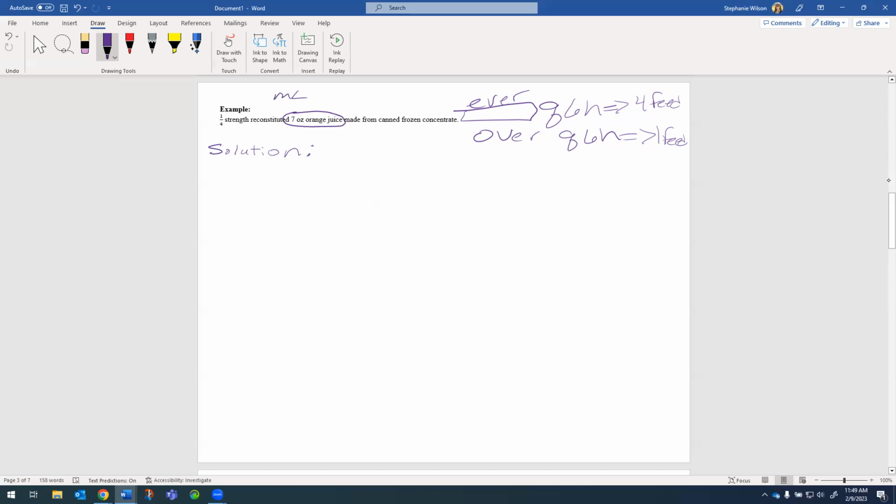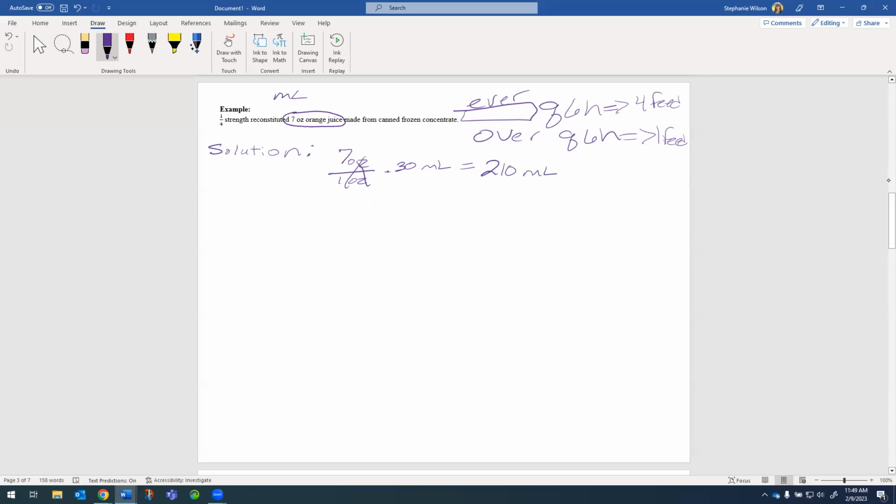On this particular type of problem, always milliliters. So I'm going to take that 7 ounces and convert it to milliliters. I know that for every 1 ounce, it's 30 milliliters. The ounces reduce, leaving me with 7 times 30, which is 210 milliliters.